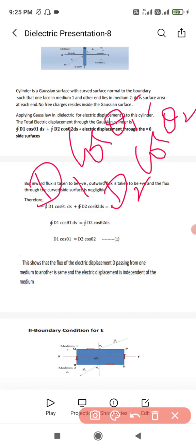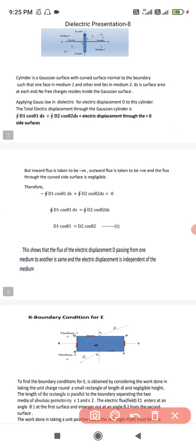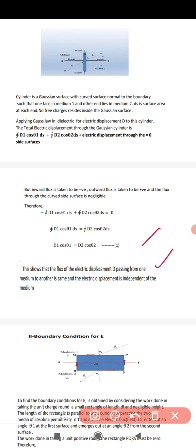We call this equation 1. It shows that the normal component of the electric displacement D passing from one medium to the other is the same, independent of the medium.